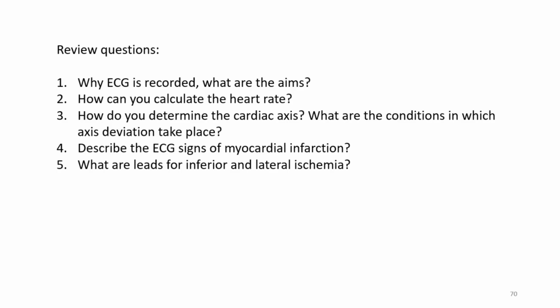Yes, in myocardial infarction we see ST segment elevation or depression according to the site where the electrode sees the infarct area. What are the leads for inferior and lateral ischemia? I think augmented voltage foot, and V4, V5, I guess, can see, but we should check from the text.